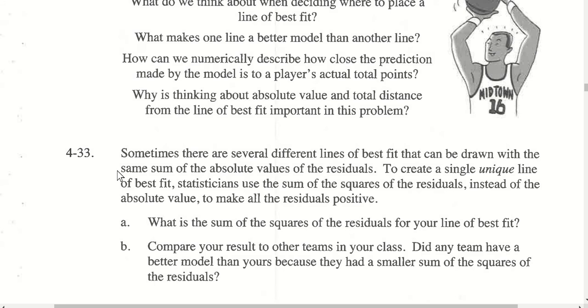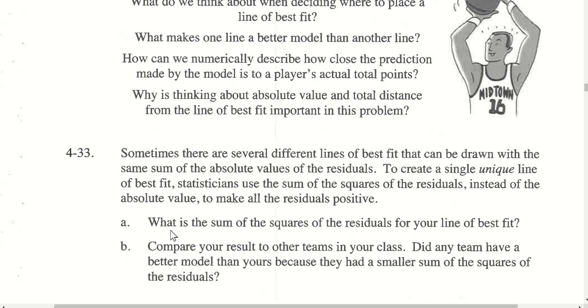To create a single unique line of best fit, statisticians use the sum of the squares of the residuals instead of the absolute value to make all the residuals positive. So instead of taking the absolute value of the residuals to make them all positive, they simply square them, and then we work on minimizing the area of those squares.